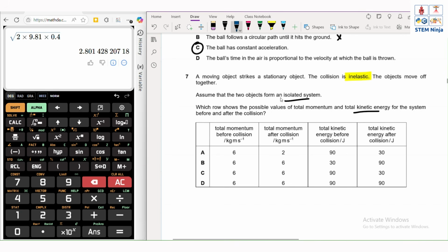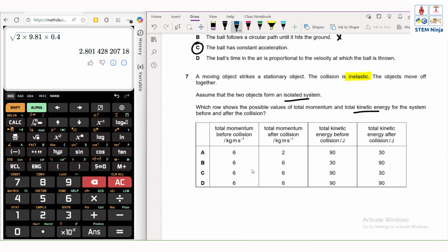So that means the total kinetic energy before and after are not equal. Momentum would be equal. So what we just have to look at over here, possible values, is total momentum before and after being equal, but kinetic energy before and after not being equal. So that is one clue over here.